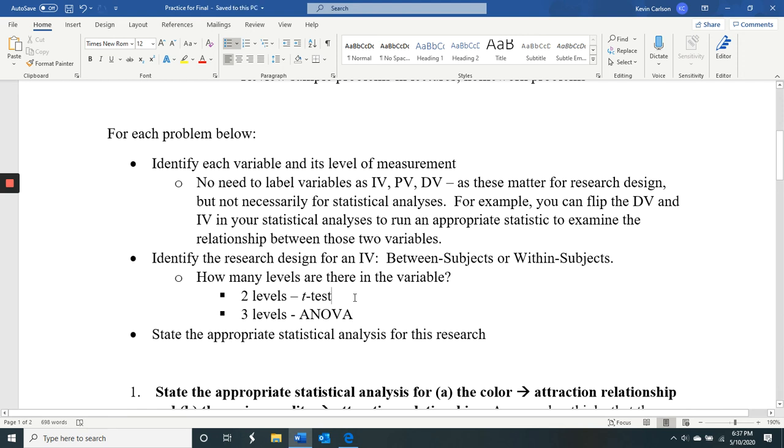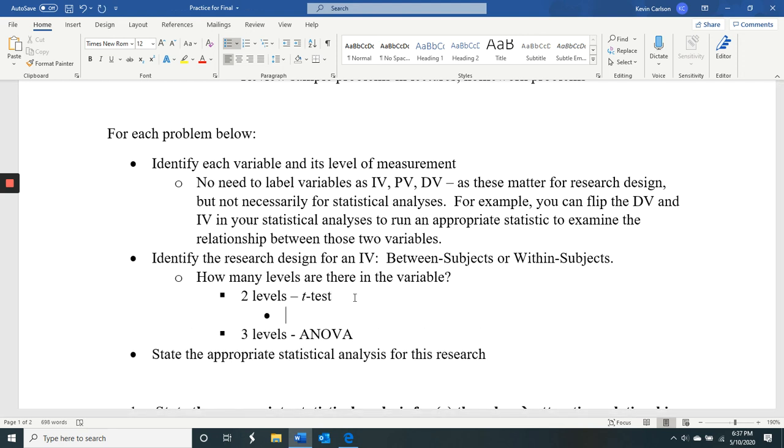I'm just going to put this here. If it's a between subjects design plus 2 levels, this would mean independent t-test.